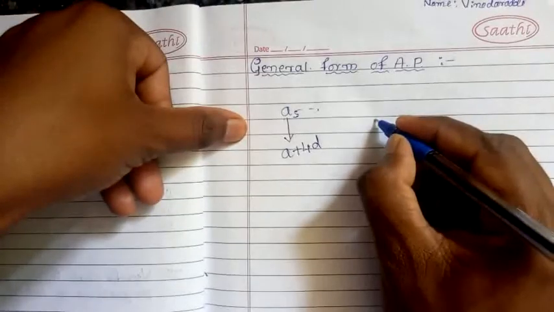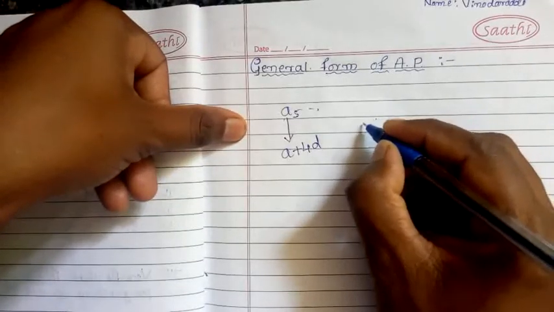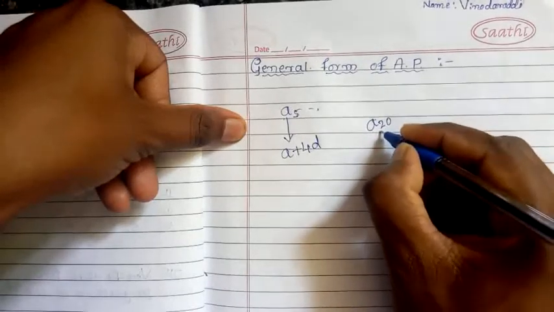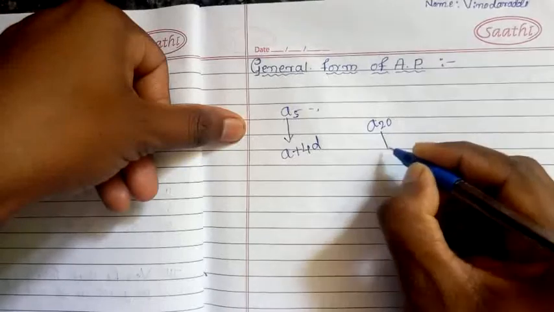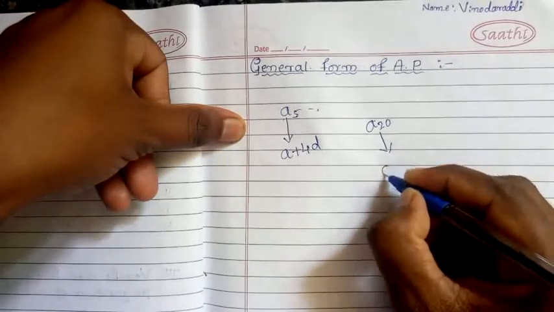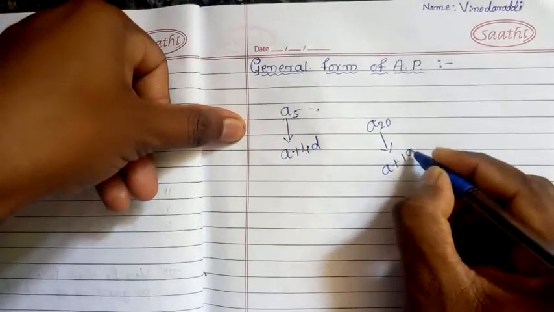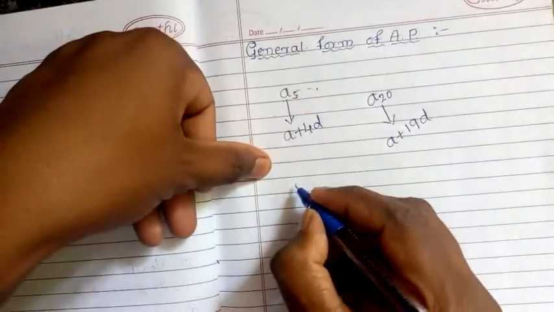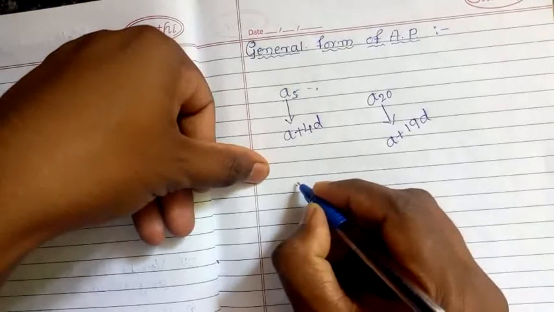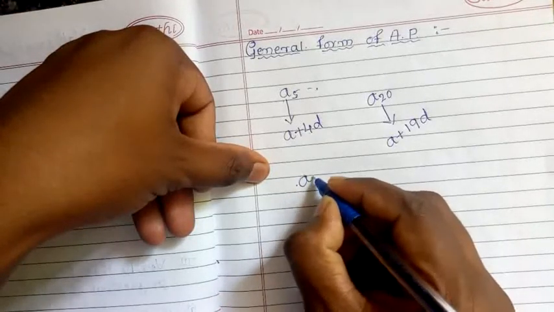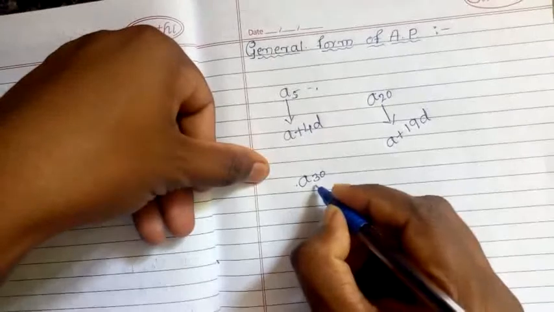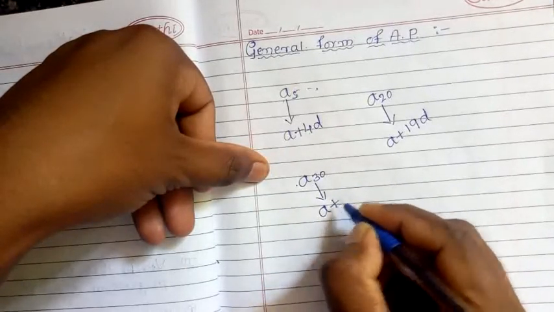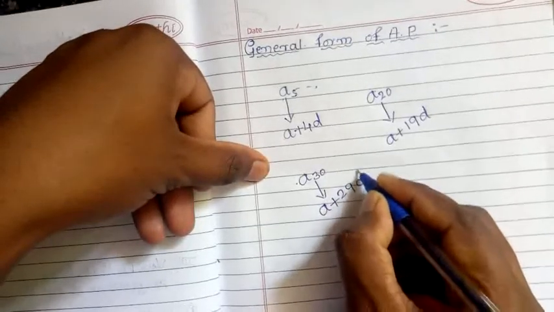If they ask to write the general form of the 20th term, that is A20, then the general form of the 20th term is A plus 19D. Similarly, the general form of the 30th term, that is A30, is A plus 29D.